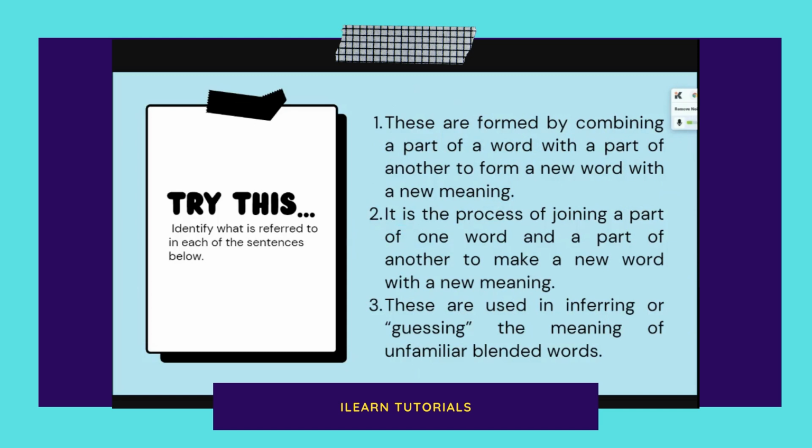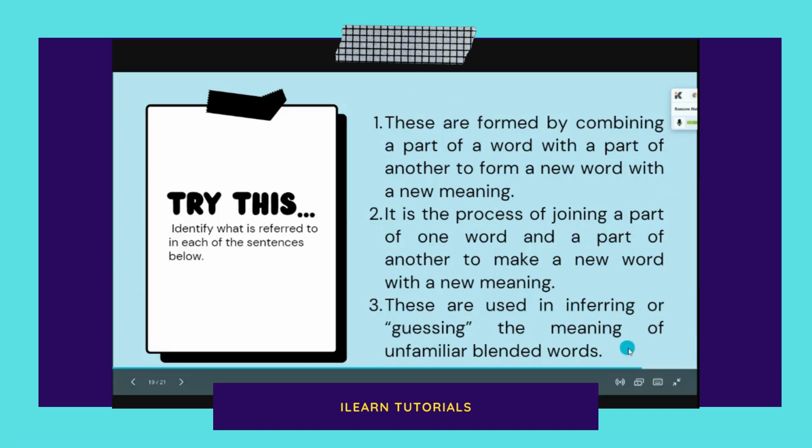Blending is the process of joining a part of one word and a part of another to make a new word with a new meaning. And if your answer in the third statement is context clues, you also got that correct. Context clues are used in inferring or guessing the meaning of unfamiliar blended words.